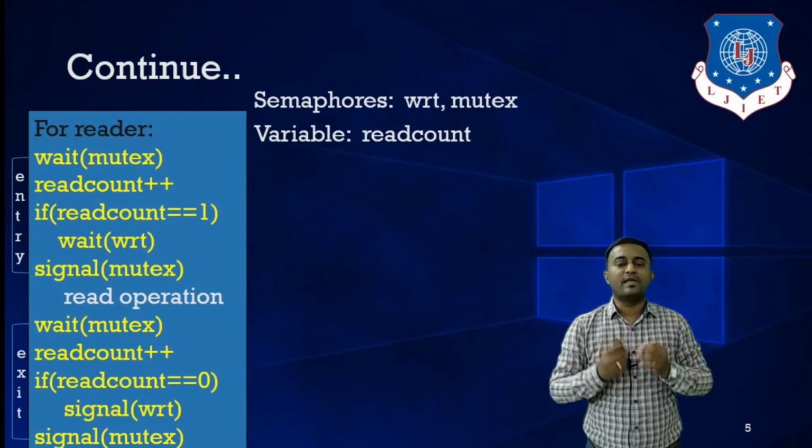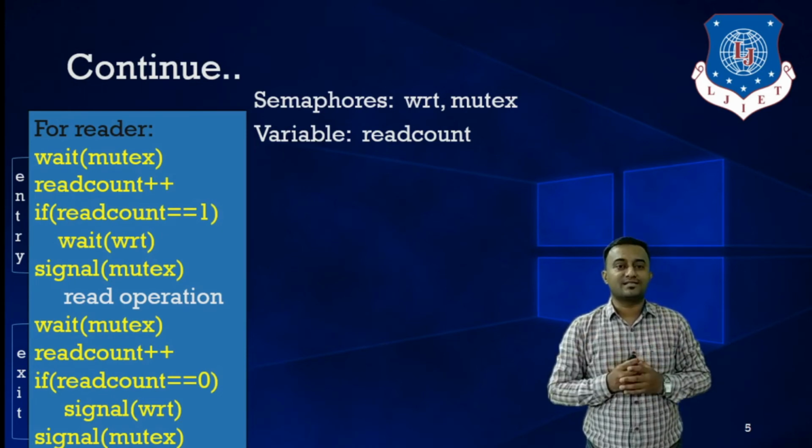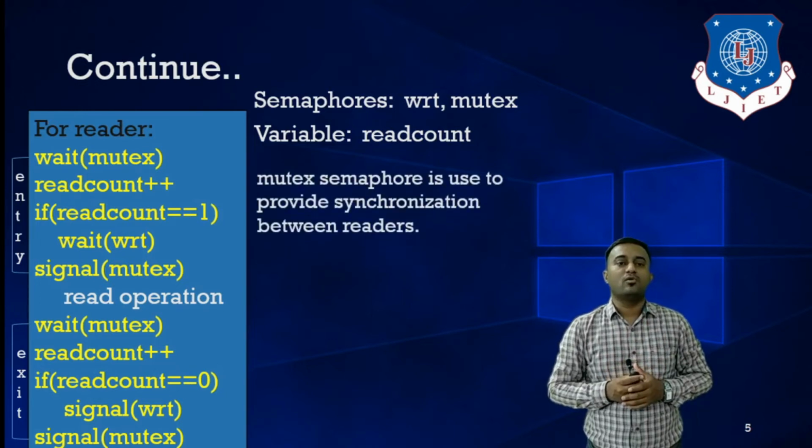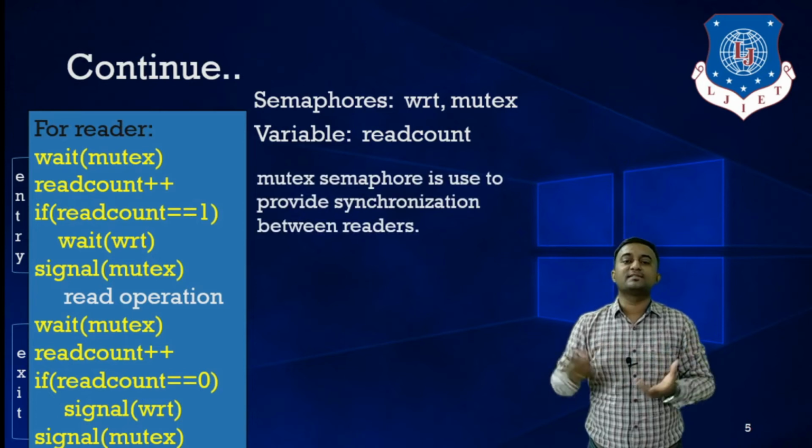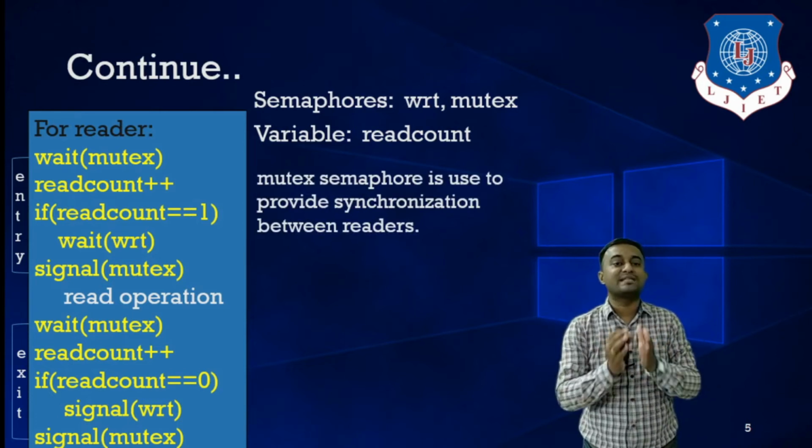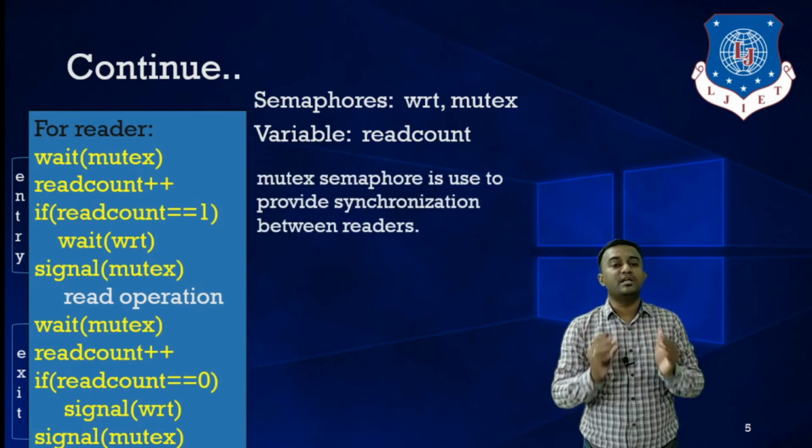So we have a variable called read count, which maintains the number of readers in the critical section. So that count will be maintained in this particular variable. As I told you, mutex is a semaphore used to provide synchronization between multiple readers.